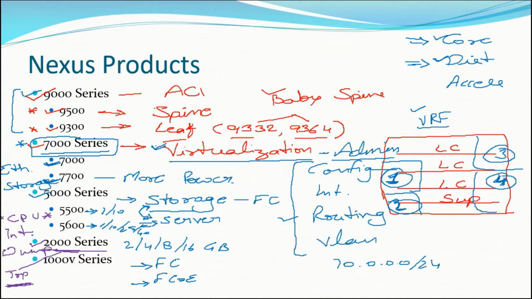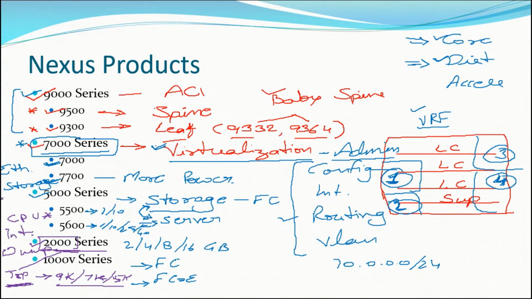This top switch can be any switch: your Nexus 9K, your 7K, or your 5K. Any of these switches you can use to connect the Nexus 2000 series, and these upstream switches, 9K, 7K or 5K, will provide instructions to the Nexus 2000 series. Based upon that information, the 2000 series switch performs an action.